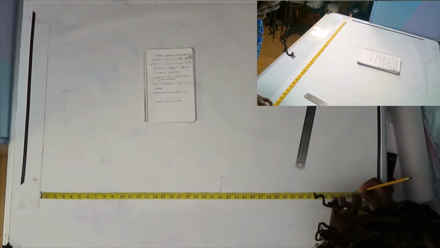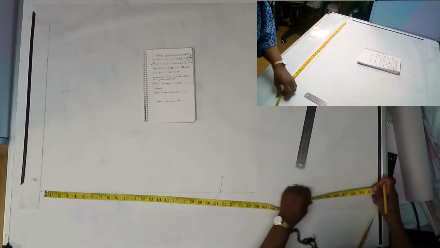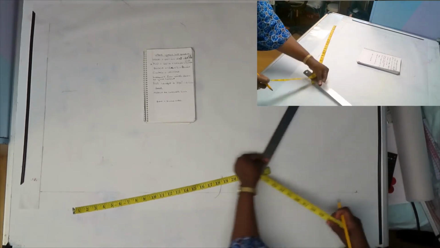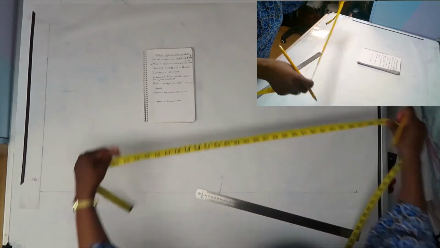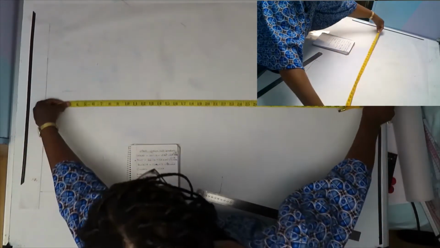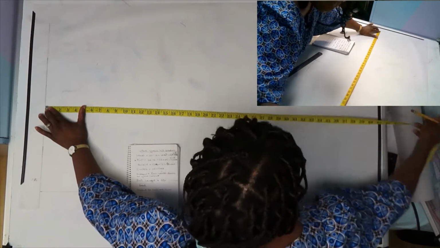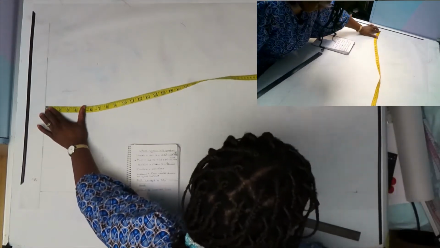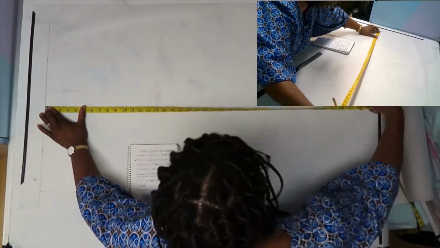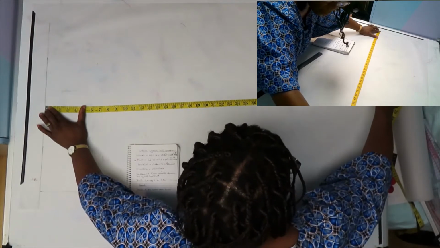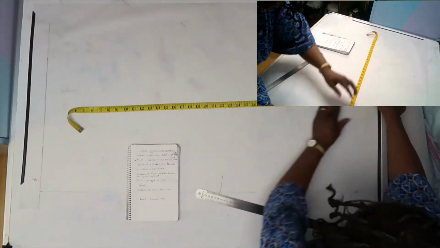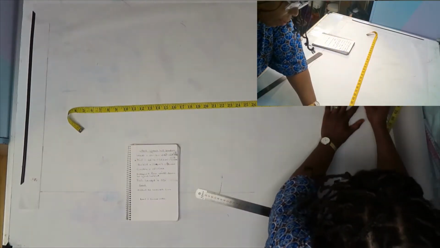All right, so my true length here is 39. So you can see, that is 39, and then I measure here, 39 again. So that is 39 here. Okay.